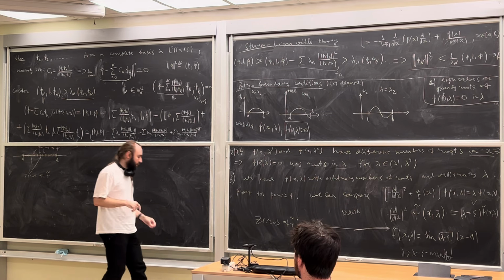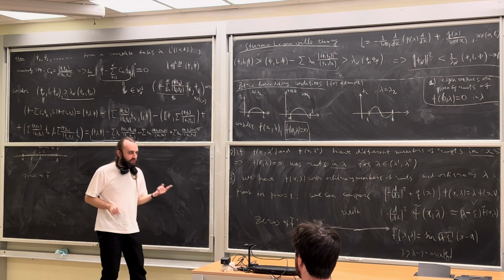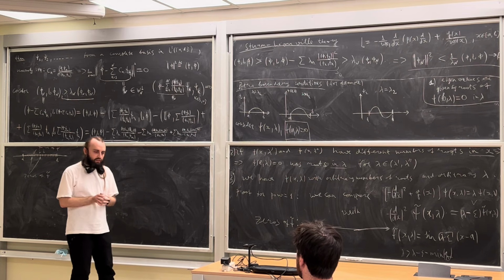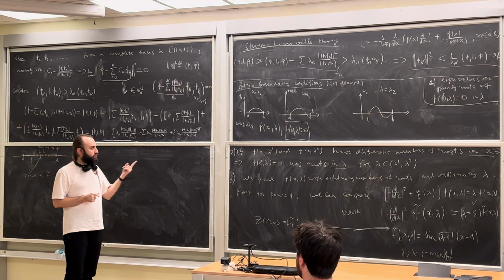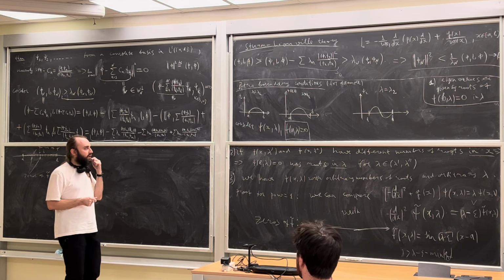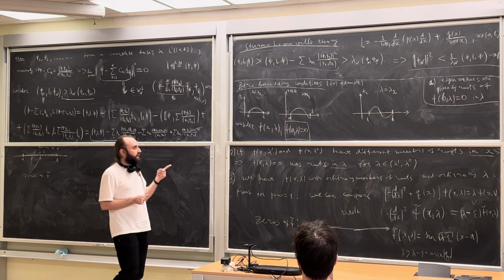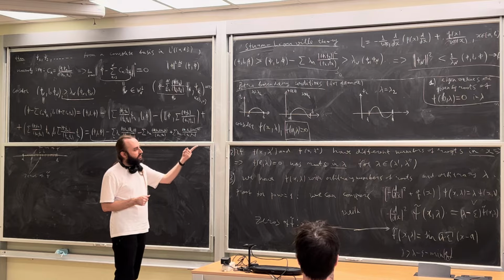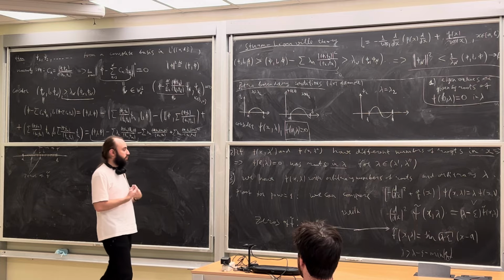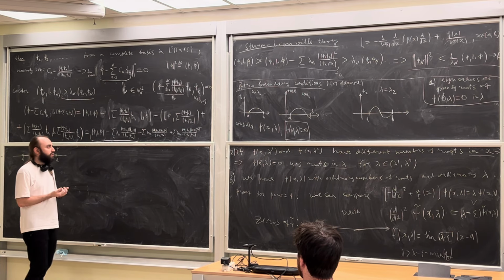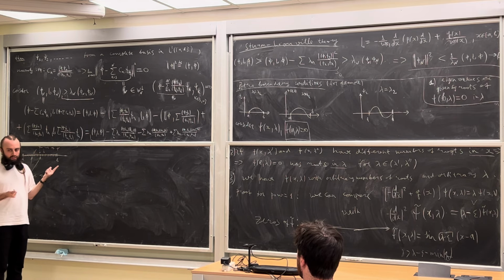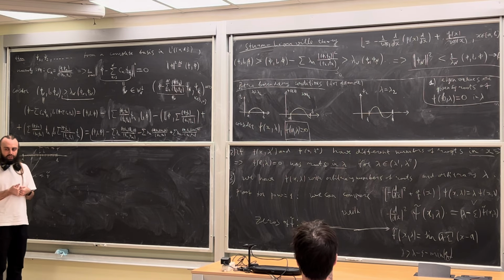So in this way, you can construct solutions to this equation with arbitrarily high energy eigenvalue with arbitrary number of zeros, and so you can indeed obtain an eigenfunction with arbitrarily high lambda.